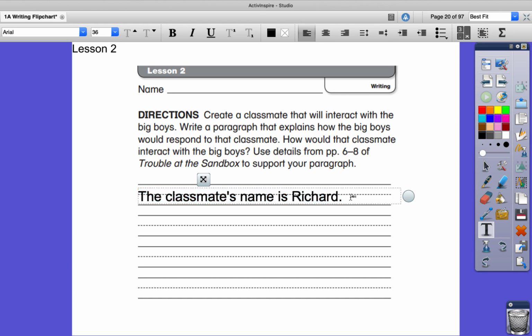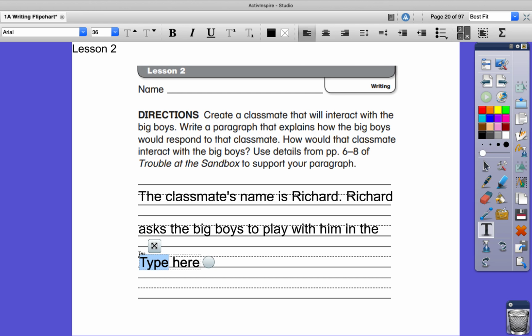So I might say, Richard asks the big boys to play with him in the sandbox.